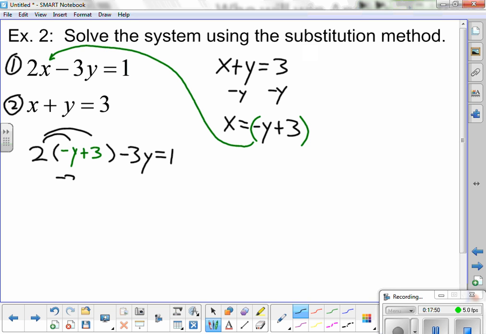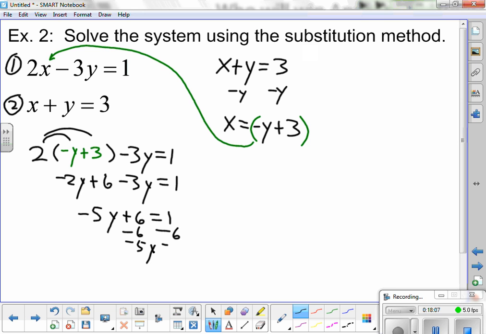So you're going to get negative 2y plus 6 minus 3y equals 1. Combine like terms, that's going to be negative 5y plus 6 equals 1. So you're going to subtract 6 now. So you're going to get negative 5y equals negative 5. So y has to be 1.